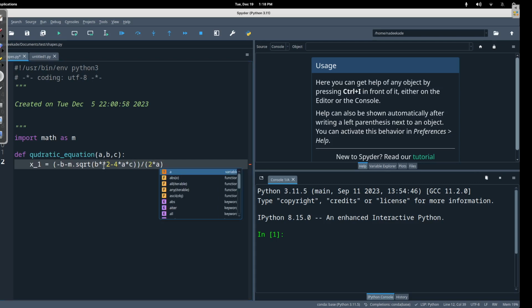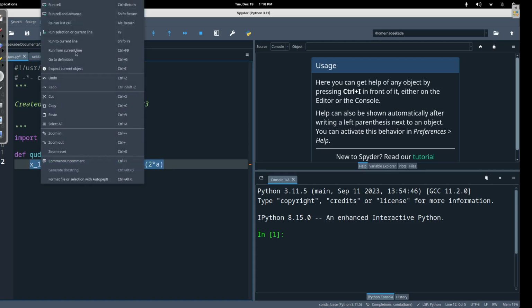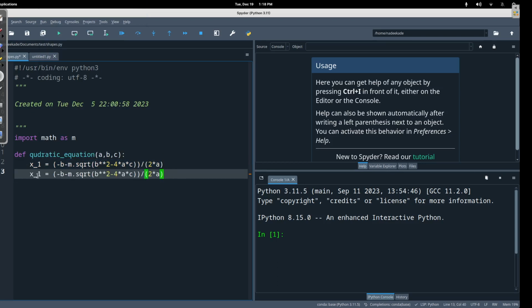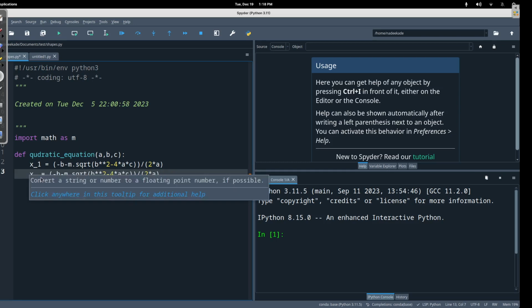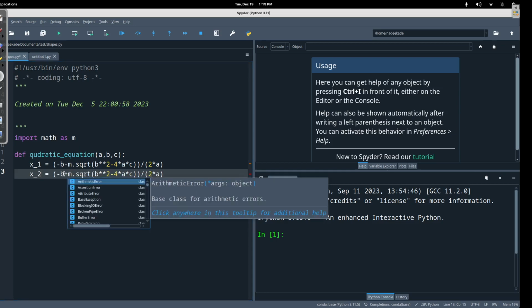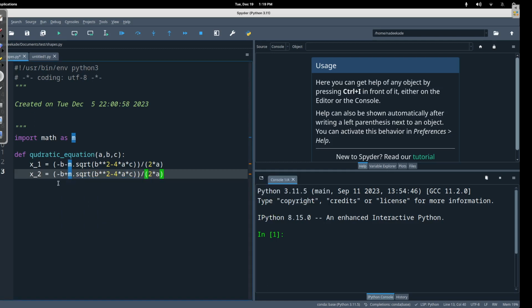Okay, so this is for the x1 root by the minus term, and to get the root by the positive term we will write the same thing for x2, minus 4ac, here I have to have a plus term. Okay, plus term.